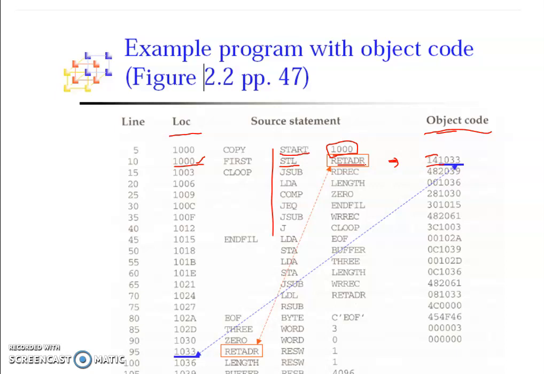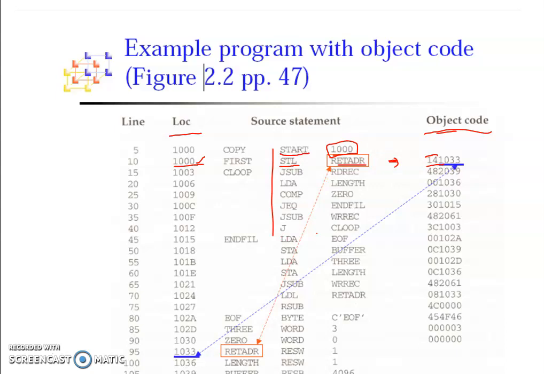It indicates some value that is assigned later in the program, but it is stored elsewhere, so that the value can be assigned to this RETADR.